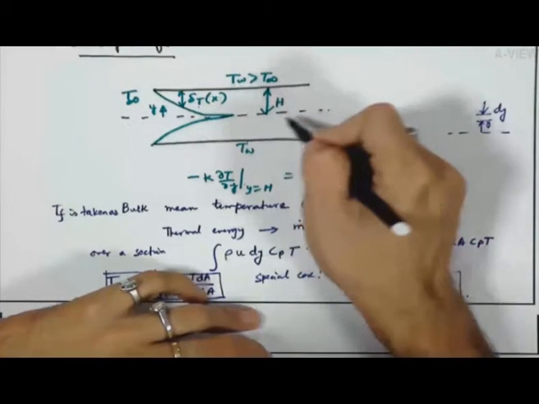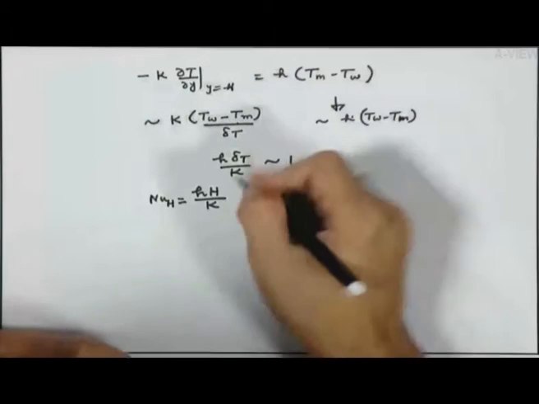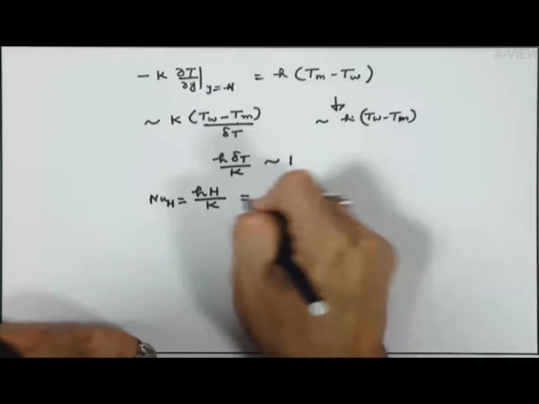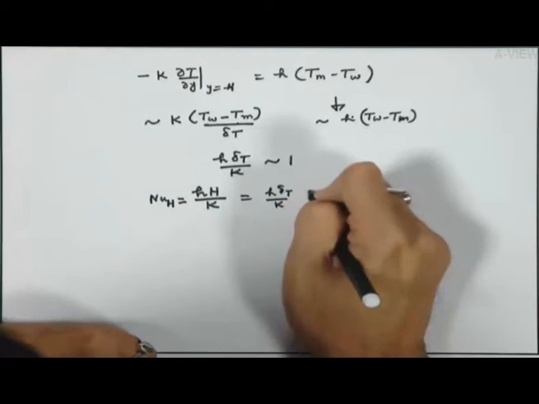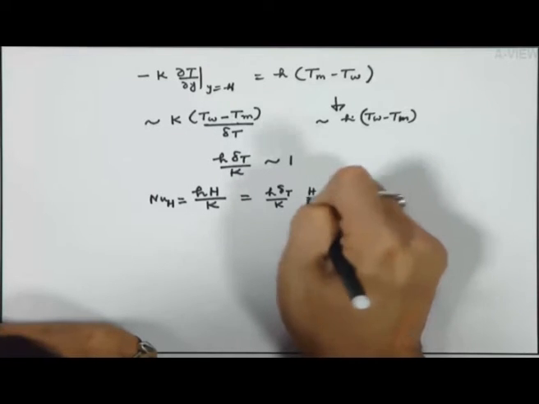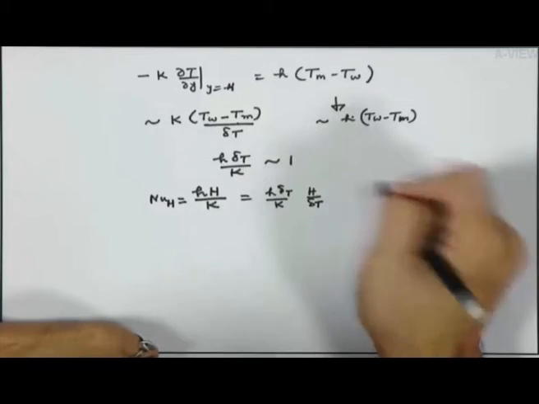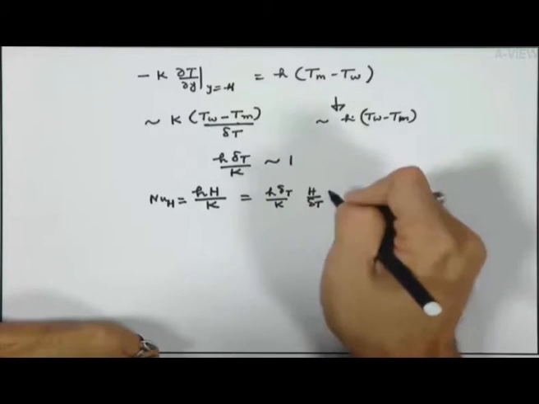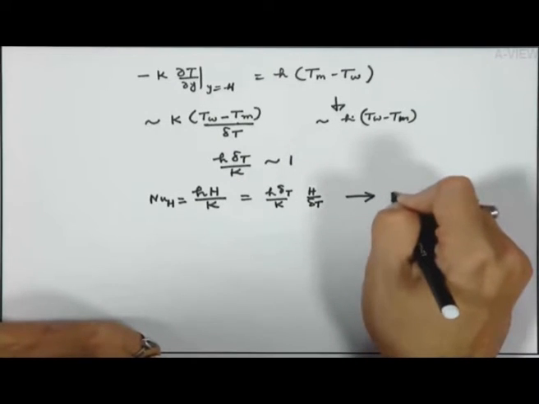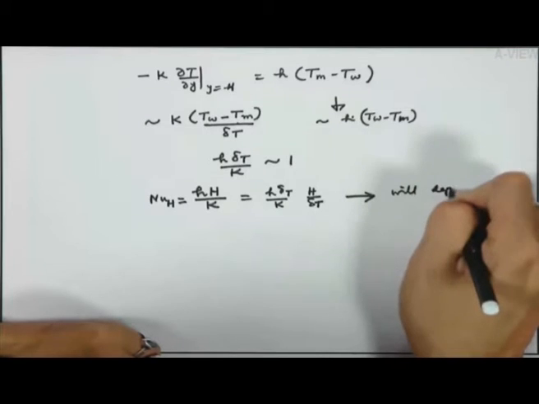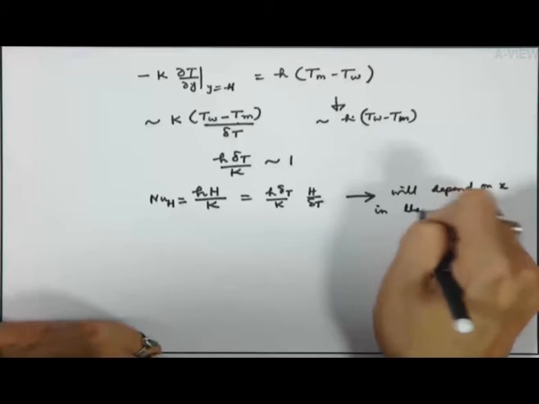So, whatever it is, you will see that we have to fundamentally calculate h into h by k. So, this is h delta t by k into h by delta t. Because delta t varies with x, you will see that this will depend on x in the thermally developing region.